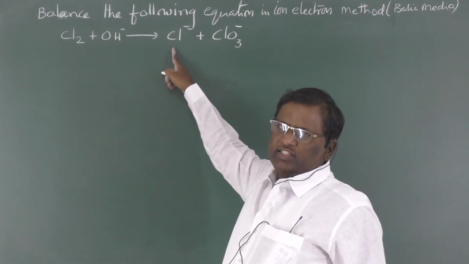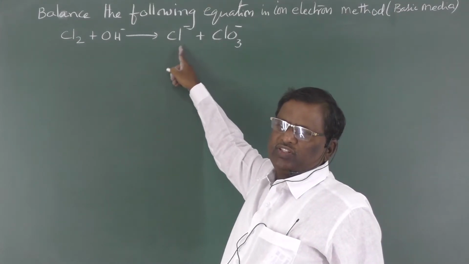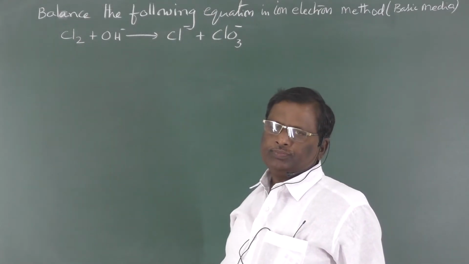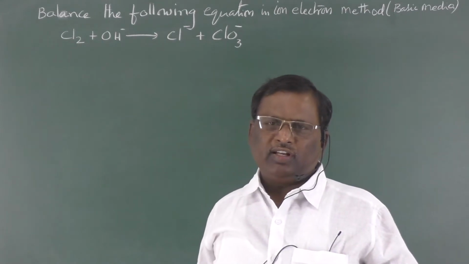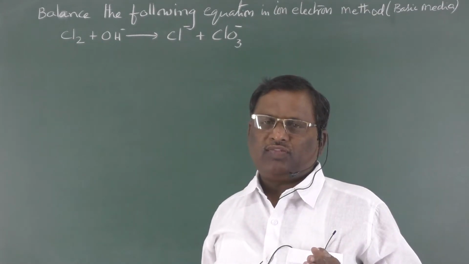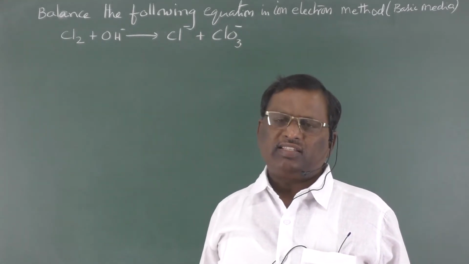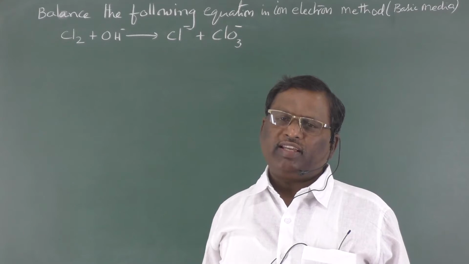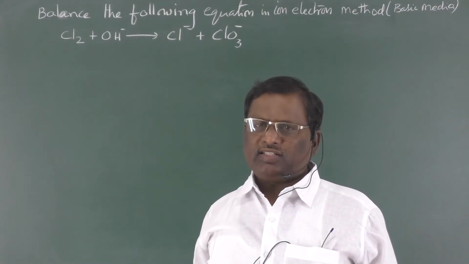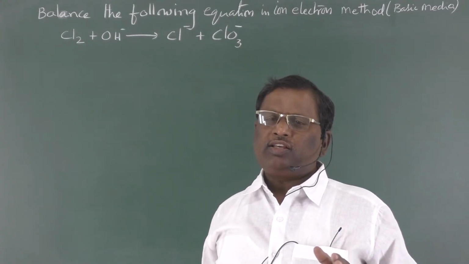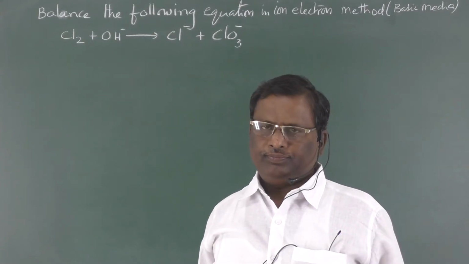In this type of reaction, if the same element is oxidized as well as reduced in the same reaction, that means some atoms of that element are oxidized and some atoms of the element are reduced in the same reaction, such reactions are said to be disproportionation chemical reactions. Here chlorine is oxidized as chlorate and reduced as chloride.